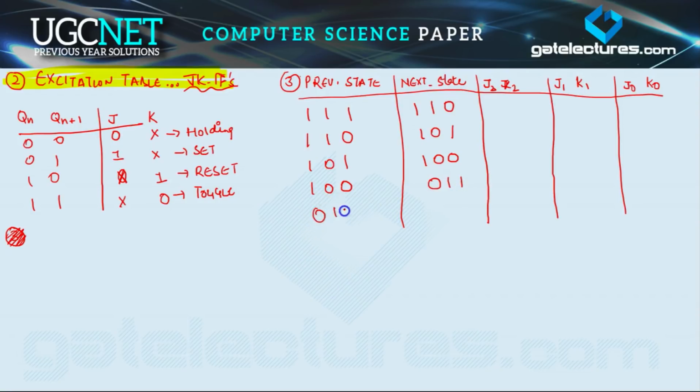If the previous state is 0, 1, 1, the next state is 0, 1, 0. If the previous state is 0, 1, 0, the next state is 0, 0, 1. If the previous state is 0, 0, 1, the next state is 0, 0, 0. If the previous state is 0, 0, 0, the next state is 1, 1, 1.